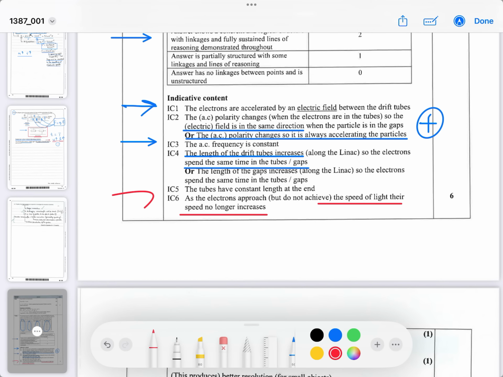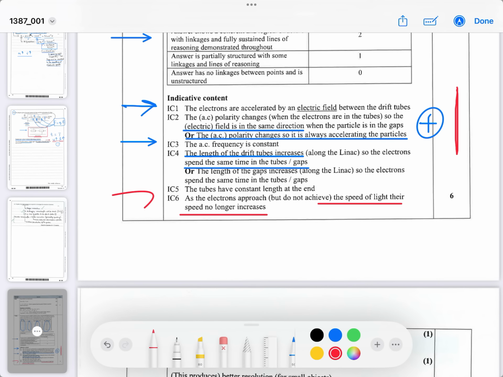So the first 4 points are to do with a normal acceleration that occurs and how the drift tubes are directly proportional to the velocity of the electrons as they exit.